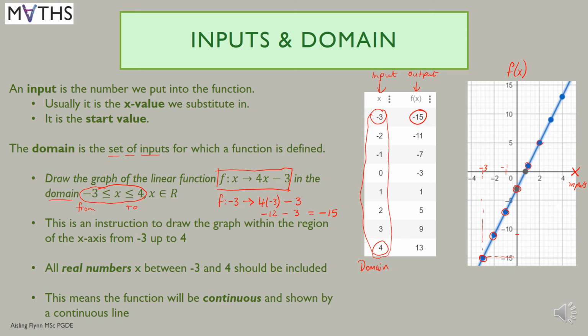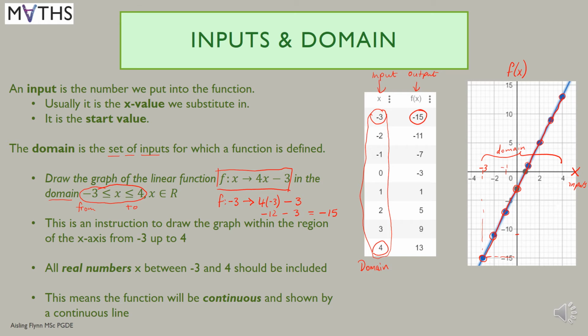It gives us these points, but we're told all the real values should be included. So our function in that domain is the straight line from here to here. Our domain is from minus 3 to plus 4. It's the region of the graph that we're interested in.